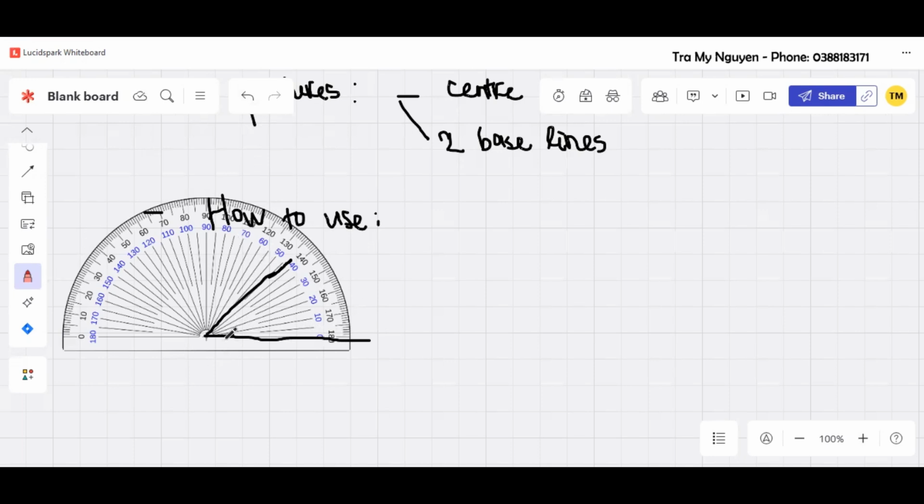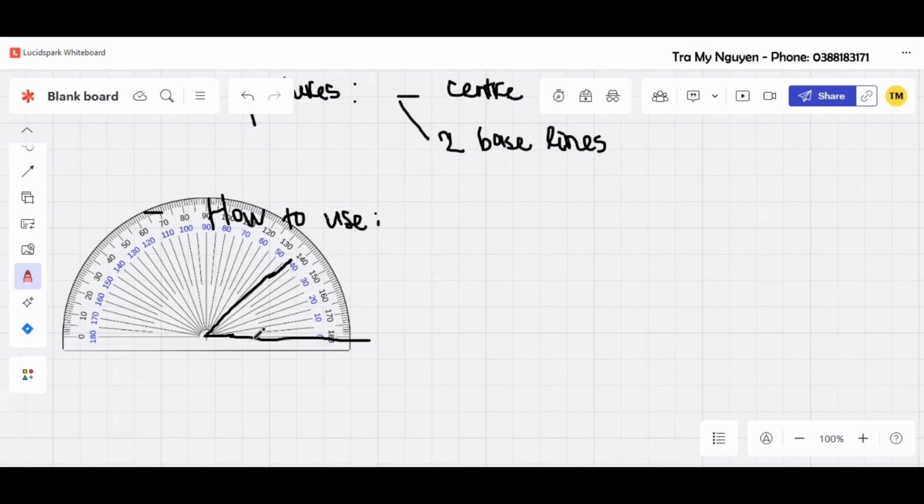So you can see that firstly, you have to make the central point of the protractor coincide with the vertex of the angle. And of course, the arm here, which I think is the first arm of the angle, must also coincide with the right baseline of the protractor. In this case, I am using the right baseline to measure the angle.